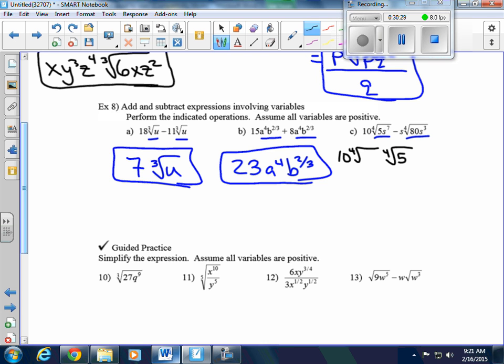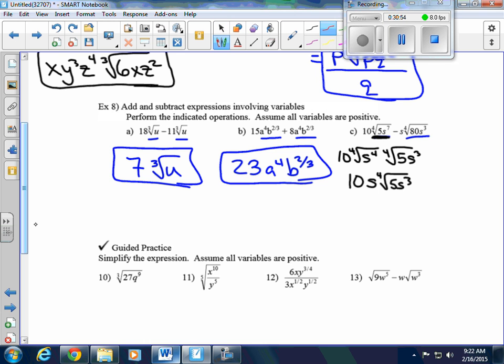We can pull out an s to the 4th here. And that means I'll have an s cubed left in the second one. So if we try to simplify that one, that's what we end up with. And then this will be 10, and 4th root of s to the 4th is s. So now we have 4th root of 5s cubed. So that part is simplified.